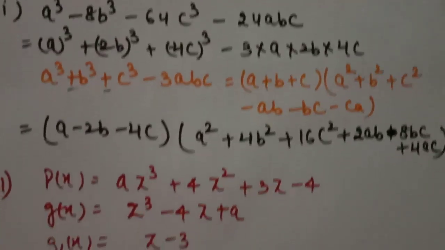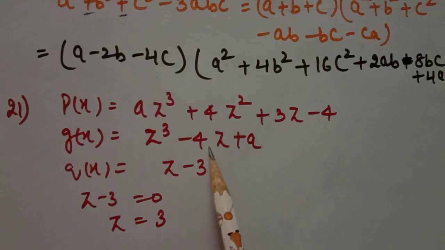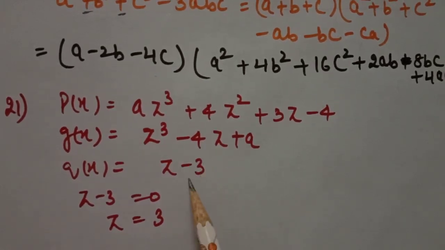So students, question number 21 was: if this polynomial and the second polynomial leave the same remainder when divided by z minus 3, then find the value of a.